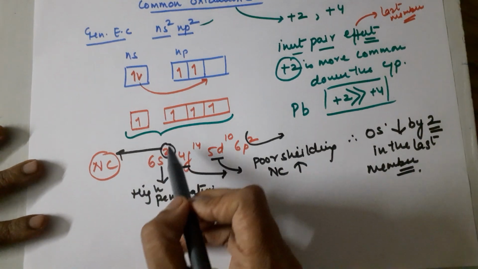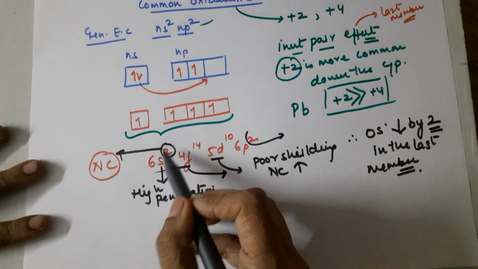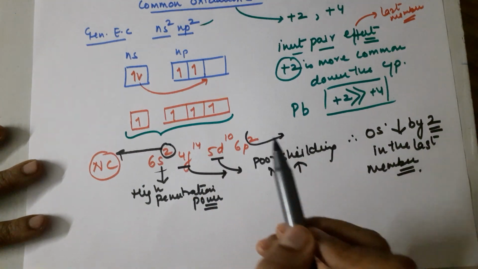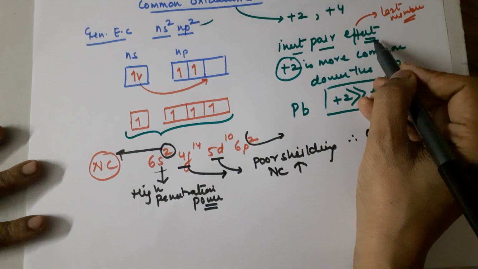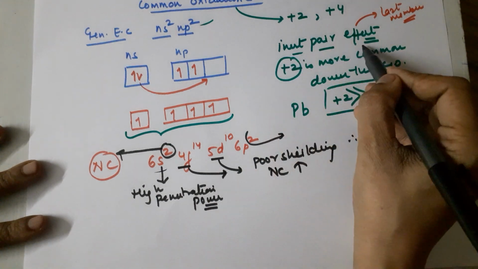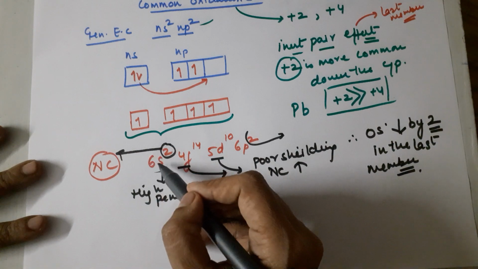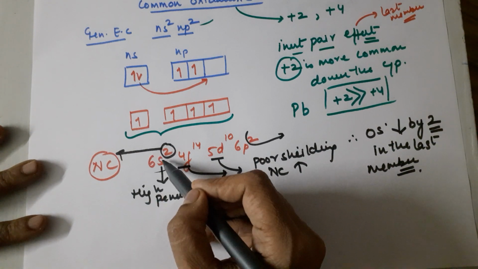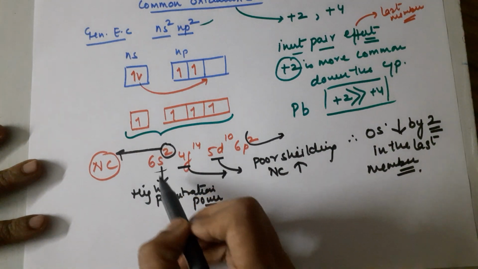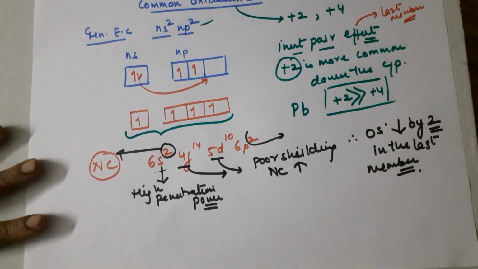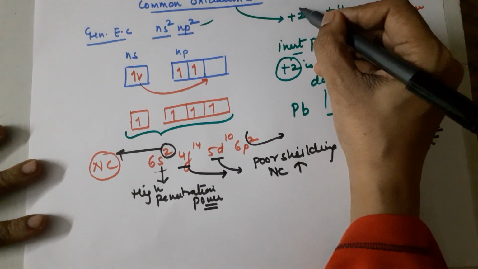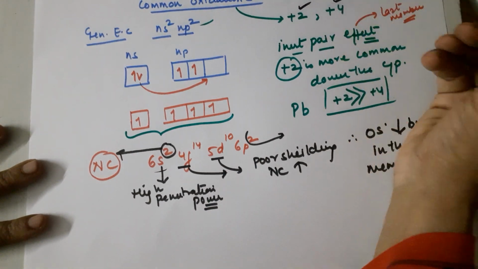Hence, the reluctance of the s electrons to participate in bonding is the way we define inert pair effect. So, inert pair effect once again is the reluctance of the s electrons of the last member of each group to participate in bonding owing to its penetration power and being held tightly by the nucleus, while the other members do show a +2 as well as a +4.